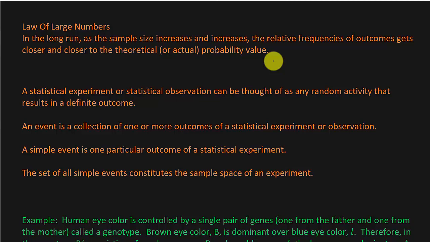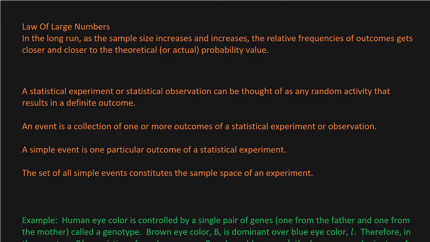But what this law of large numbers is talking about is, say if I flip it 1,000,000 times, the number of times that I get heads is going to be closer to that 50% than, say, if I just flipped it 100 times. Okay? And that's what that means.